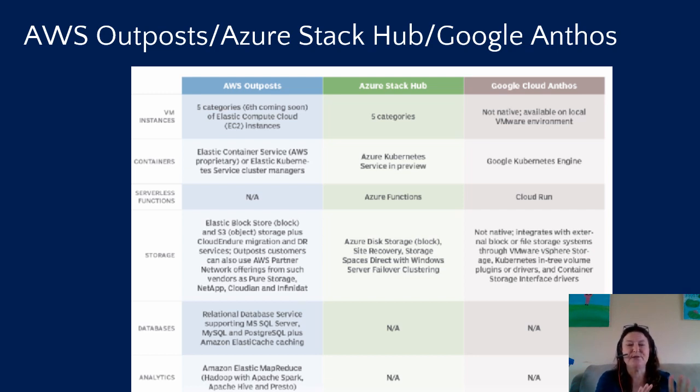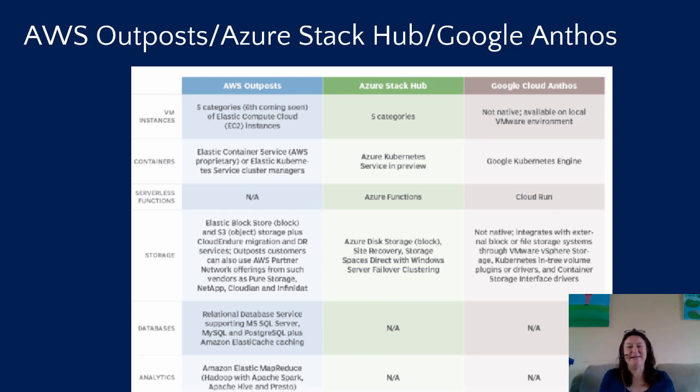So AWS is way out in front. The only thing that really isn't available there is things like Lambda functions and Fargate. You can do things like Kubernetes on premise, even though that's not listed here, but you can do that with AWS. Now, Azure is kind of the next best in this area, but it doesn't provide the databases and analytics side of things on premise because it already has SQL Server on premise and so on.